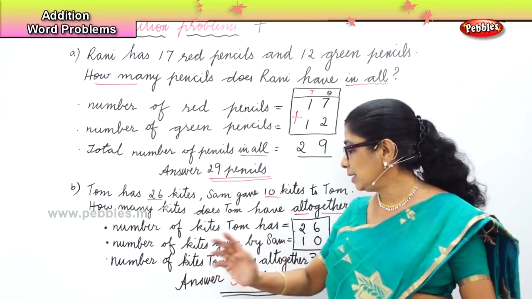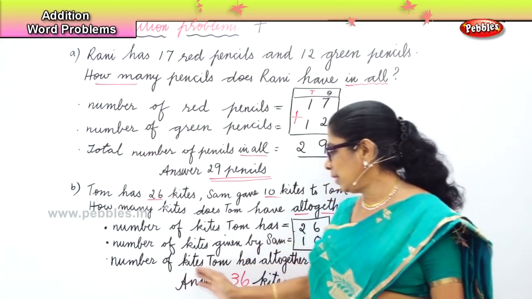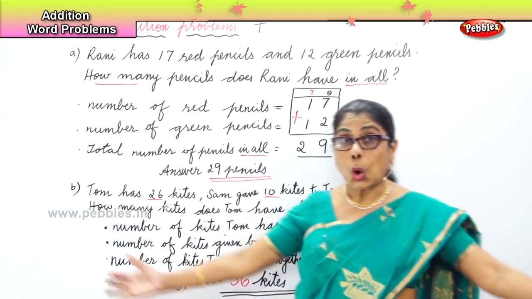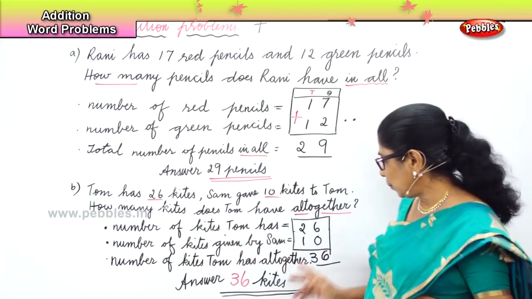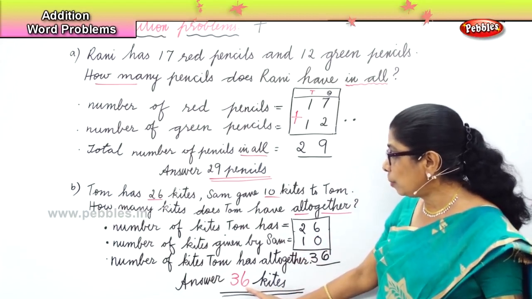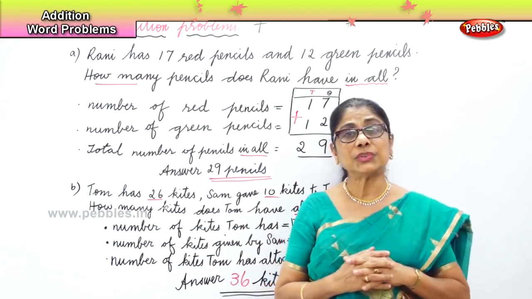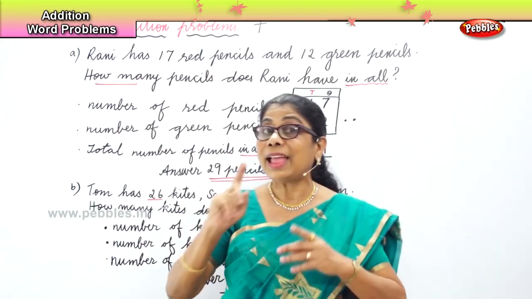Number of kites given by Sam, 10. Therefore, number of kites Tom has altogether. 26 plus 10, 36. The answer is Tom now has 36 kites. Think of it as a story, but remember altogether, in all, means addition.